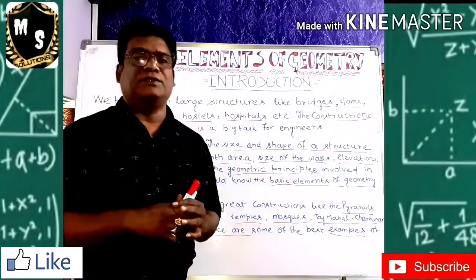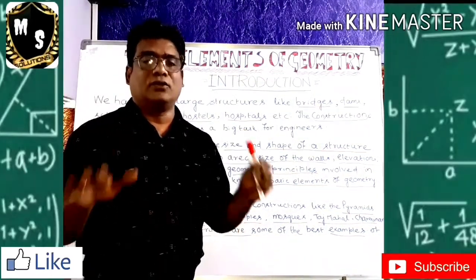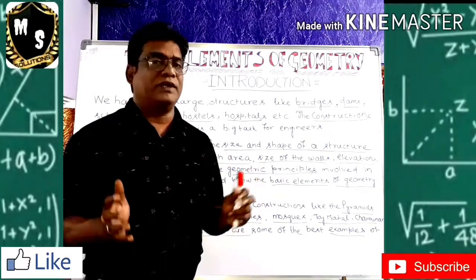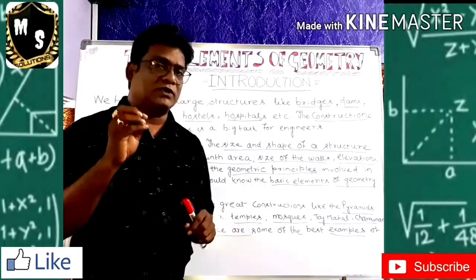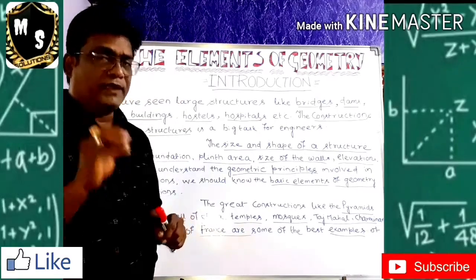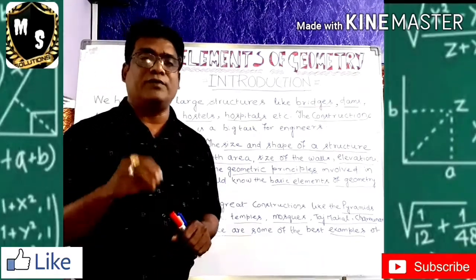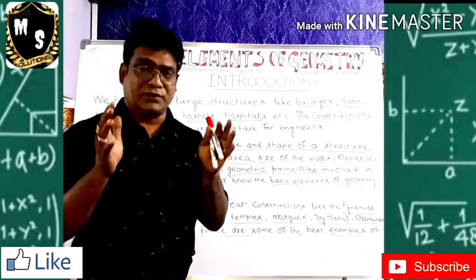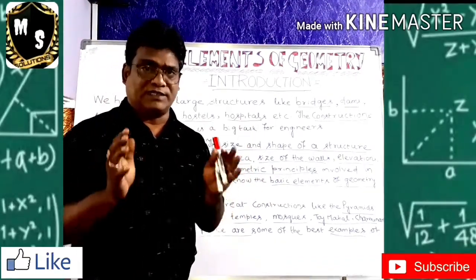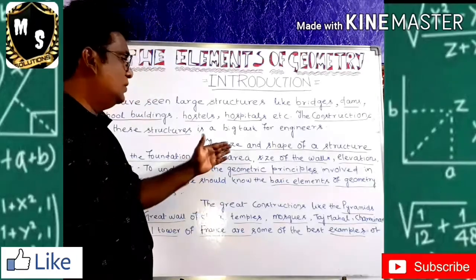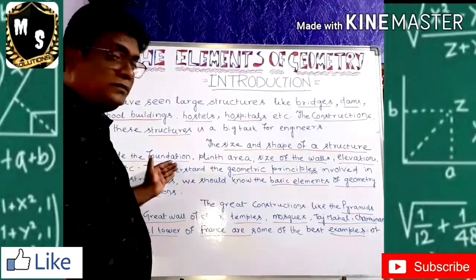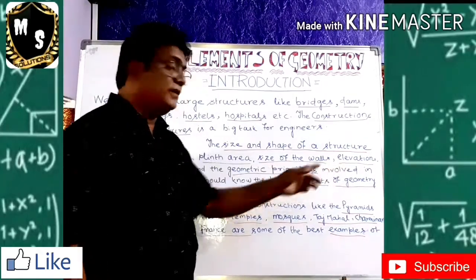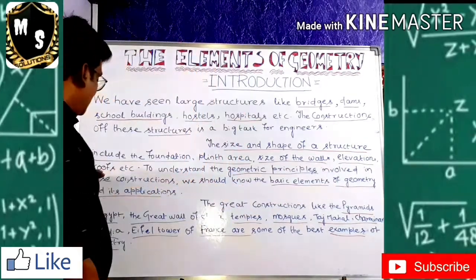After that it is called a room, and the construction is over. After that you will go for interior decorations. But the main observation is that when we go for a construction, the engineers take these things into account very carefully and seriously. What are those? The foundation, the plinth area, the size of the walls, the elevation, the staircase, and the roofs.